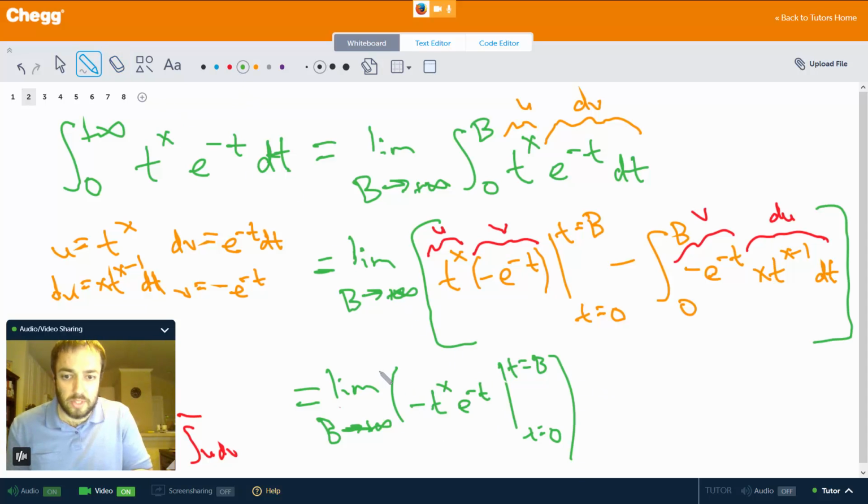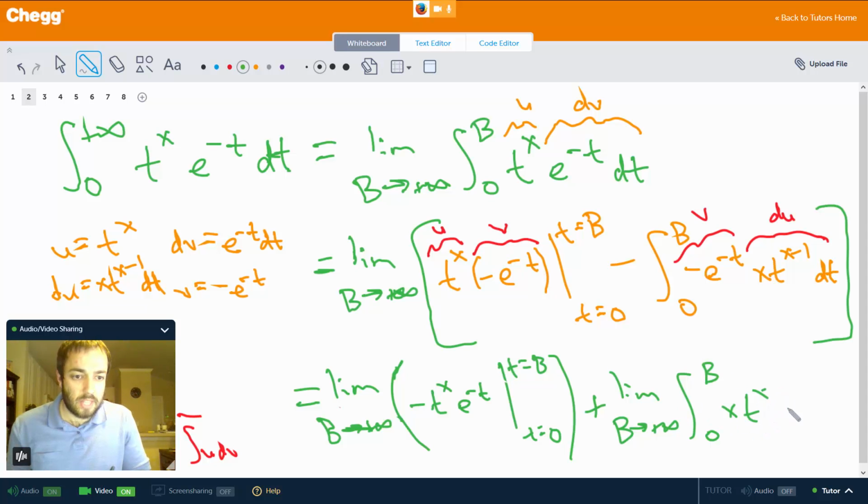So we'll close parentheses around that. And then here I'm going to push the limit into both of these. So this minus minus is going to give us a plus. So we're going to have plus the limit as big B goes to positive infinity of the integral from 0 to b of, let's say, x t to the x minus 1 e to the minus t dt.